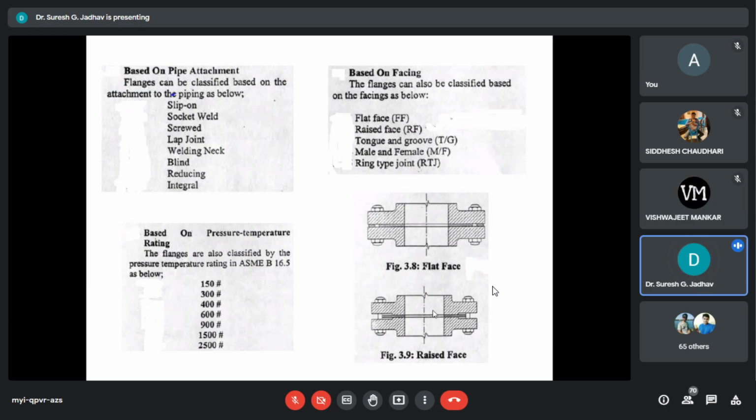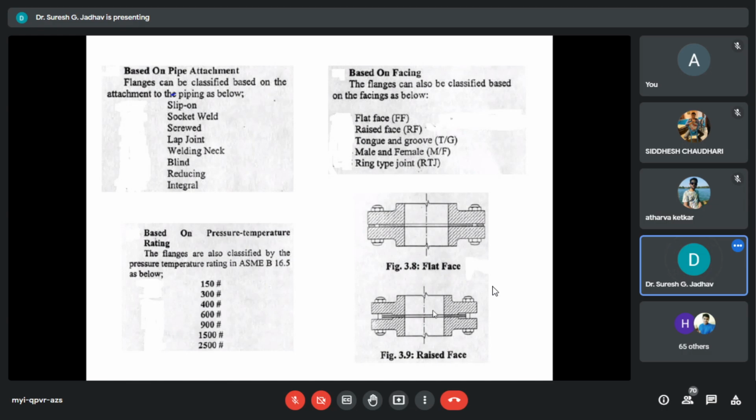So here, see the pressure temperature rating. The flanges classified based upon pressure temperature rating were ASME B16.5. The classes are 150, 300, 400, 600, 900, 1500, and 2500.